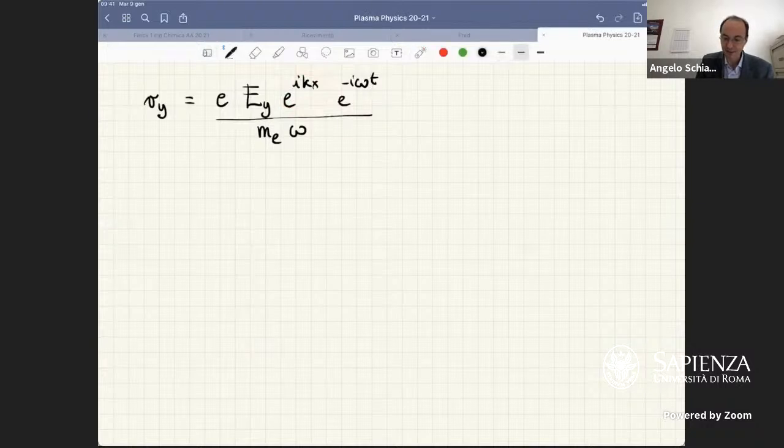This is a given phase phi, and we can write it as e times the electric field, Ey, the amplitude, divided by m omega, times a phase term, e to the i phi, which is a constant, times the oscillating part, which is important to highlight, e to the i omega t.